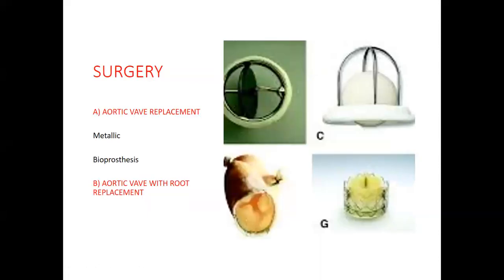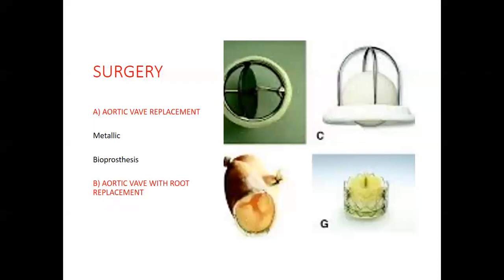So likewise, in a patient with severe aortic regurgitation and severe aortic stenosis, you have a choice of replacement of the aortic valve. In case of aortic regurgitation, there is some choice for medical treatment. You can prescribe some diuretics and vasodilators in these patients who have mild to moderate to severe disease.